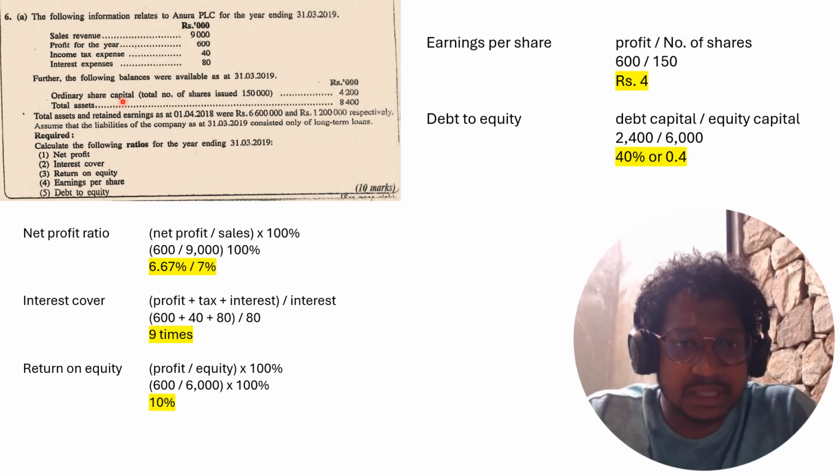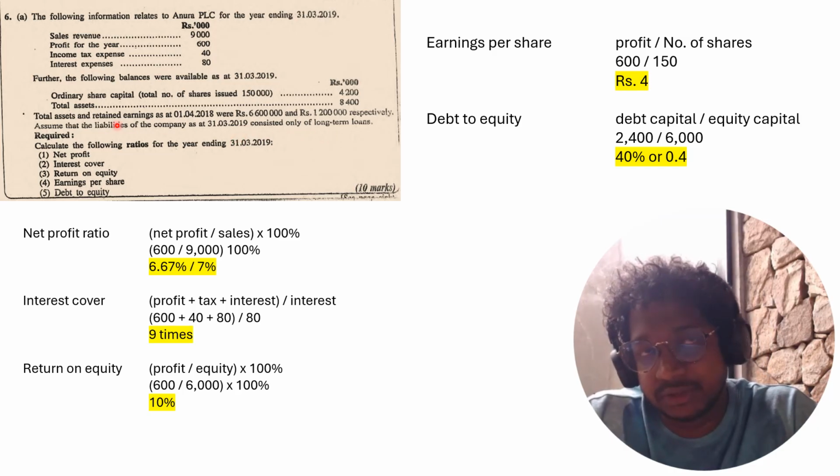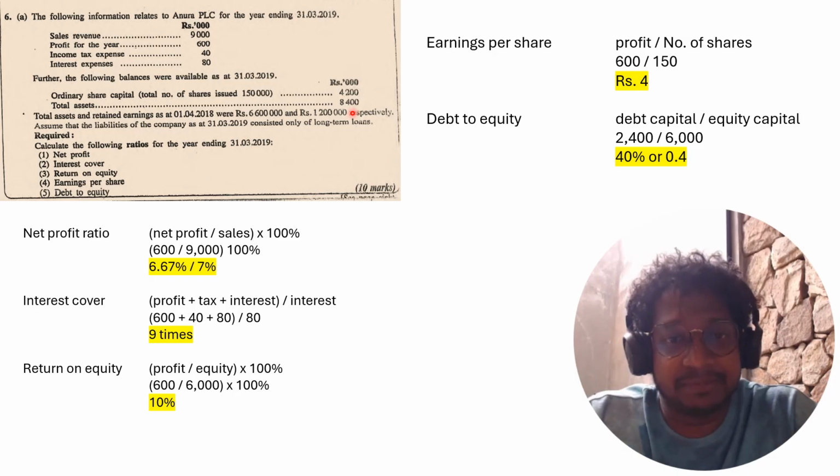And from 8,400, we already found the equity capital as at closing date, 6,000. So 8,400 minus 6,000 is your debt capital, because it says the liabilities as at closing date consisted only of long-term loans. So your total assets as at closing date is 8,400. From that, you have to minus the equity to get the debt capital.